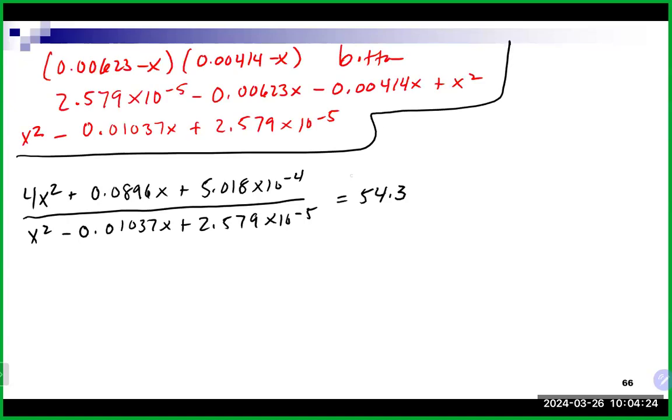All right, so obviously we got a little bit more to go. We're going to multiply everything on the bottom to the other side there.